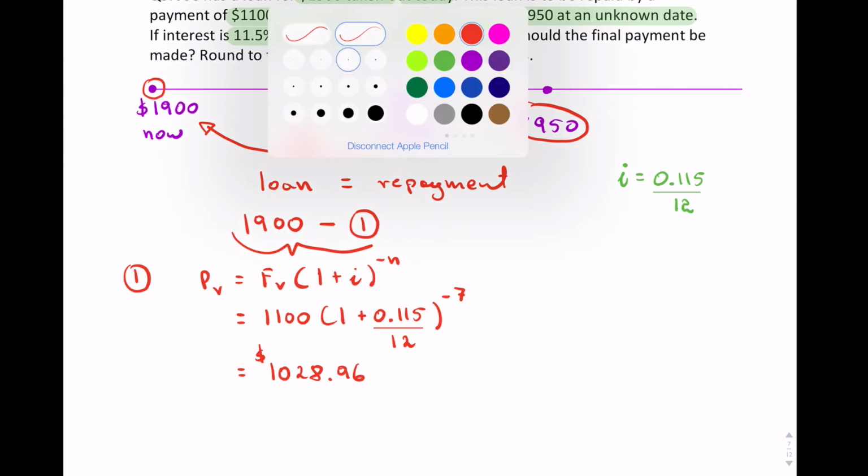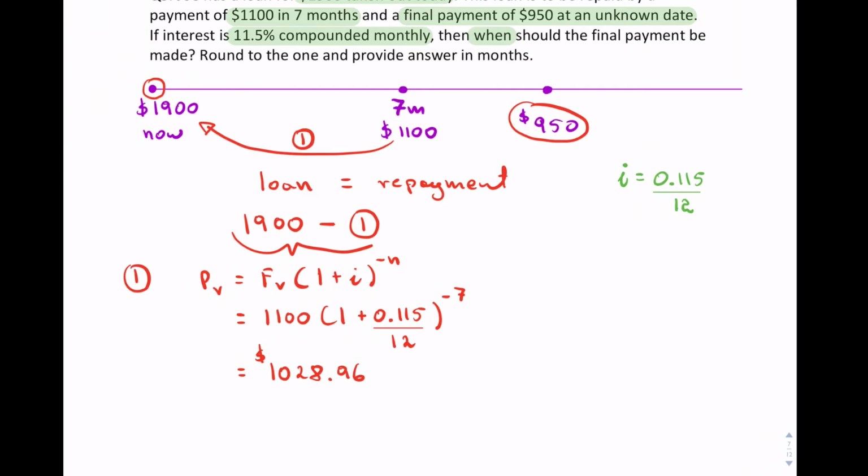So what do I have? I have my 1900 loan minus my first repayment. I'm going to subtract that, and that leaves me with 871 and 4 cents to be paid off. And this has to be paid off by this 950.